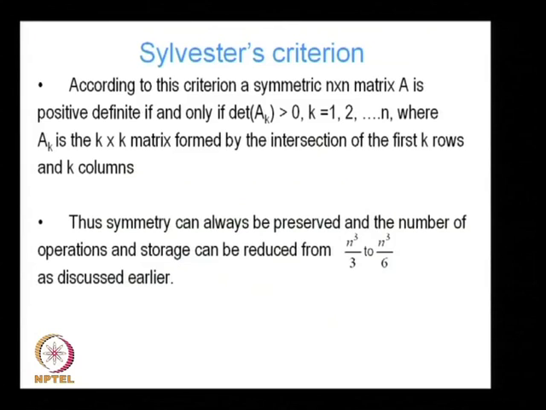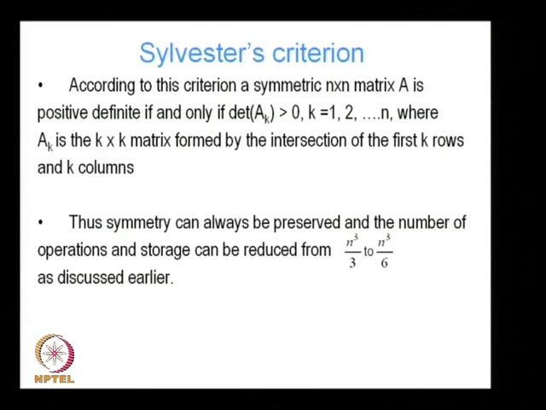Similarly, for k equal to 3, we look at the square matrix formed by the intersection of the first 3 rows and 3 columns with elements A11, A12, A13, A21, A22, A23, A31, A32, A33.